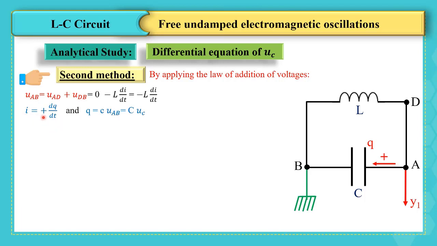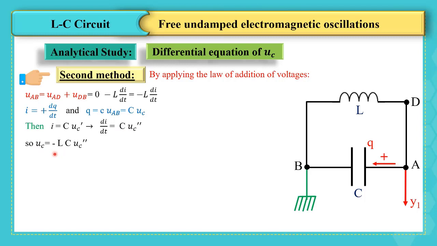So i equals plus dQ by dt and Q equals C UAB equals C UC, then i equals C UC prime and di by dt will be equal to C UC double prime.